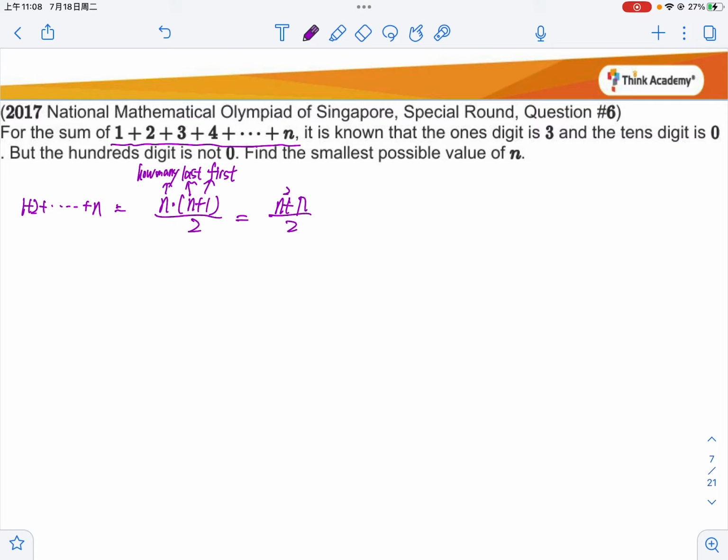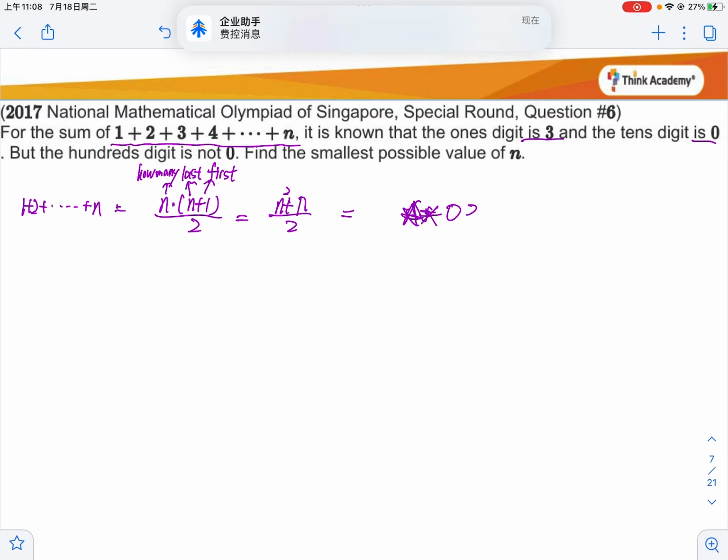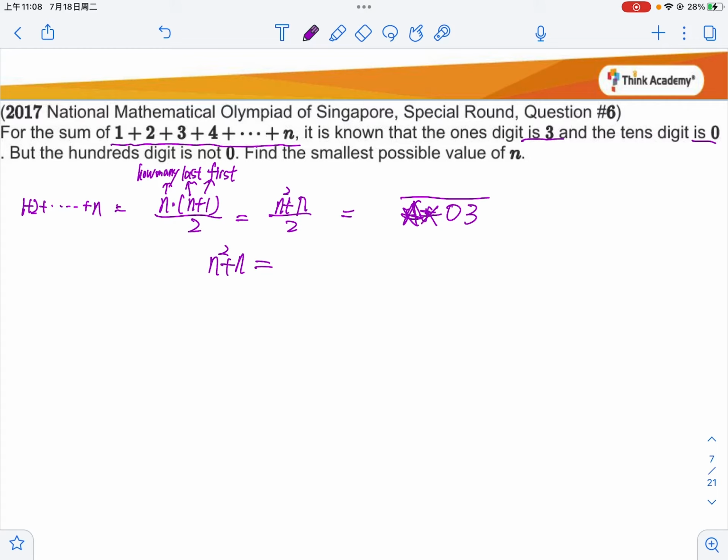So we know that the 1st digit is 3, and the 10th digit will be 0, which means the answer will be something, maybe a 3-digit number, maybe a 4-digit number, I don't know. Let's use this one. The 10th digit is 0, and the 1st digit is 3. So we need to find n squared plus n, just multiply by 2 on both sides.